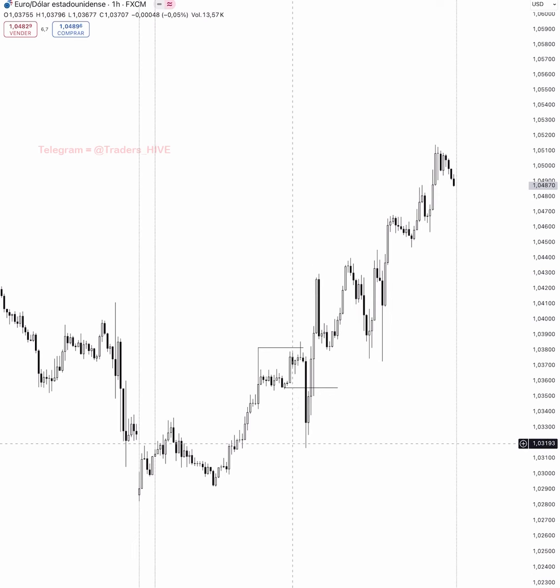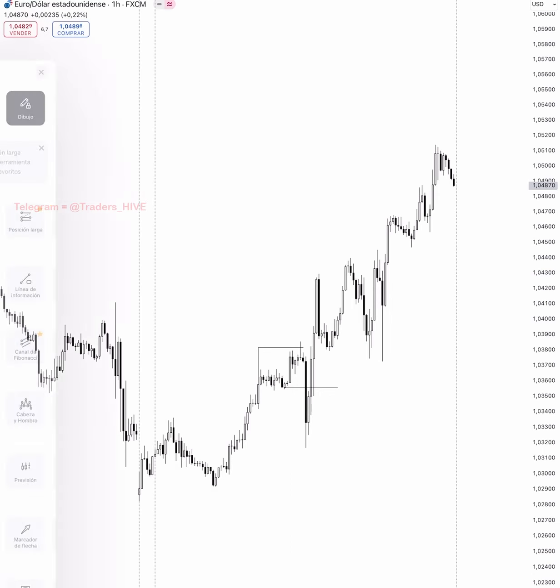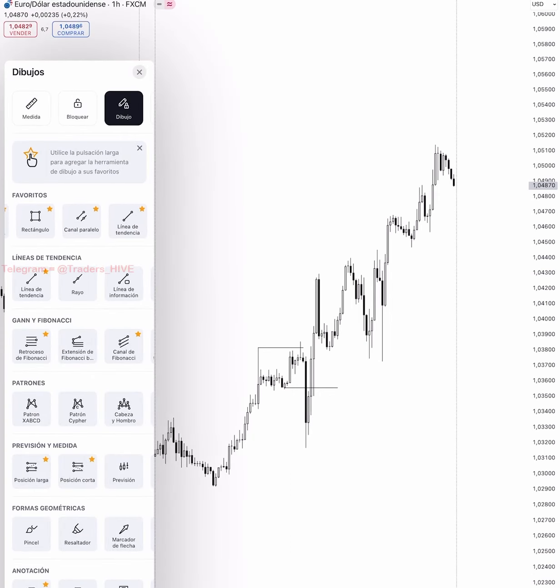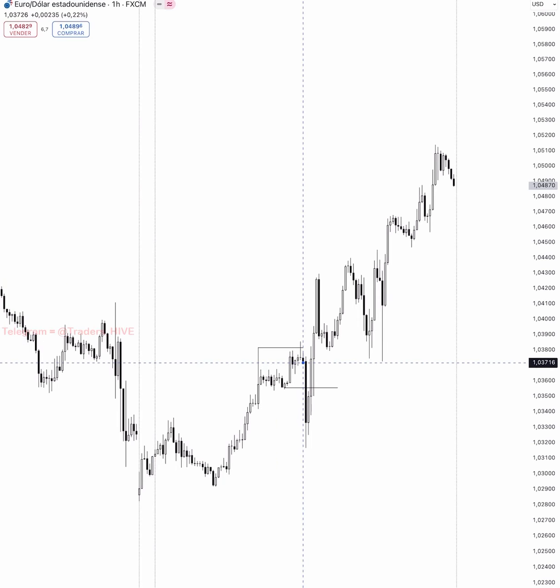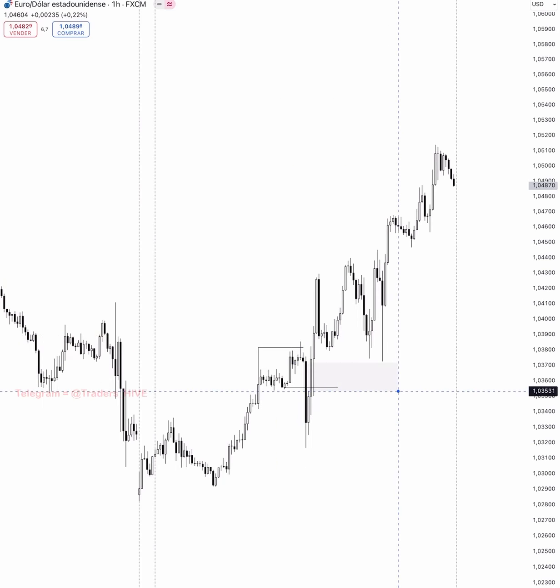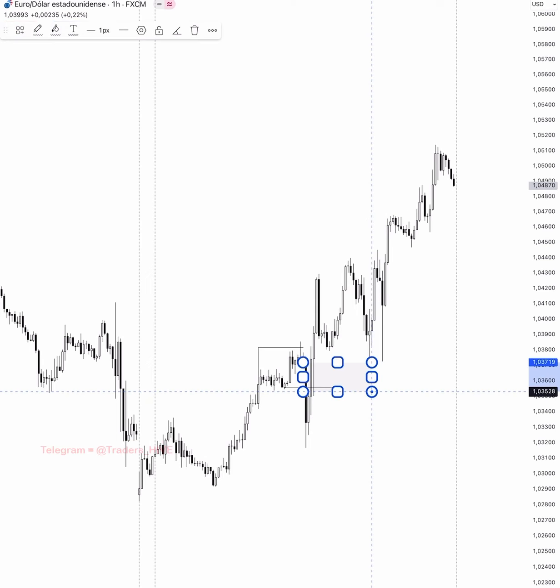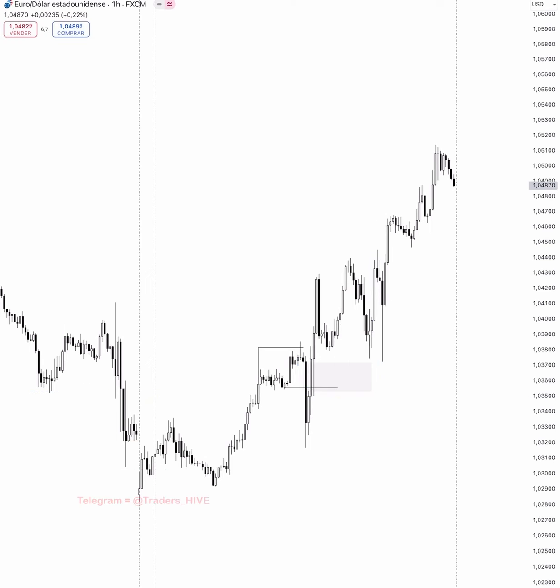And you had dumb money down here selling this bearish FVG, and of course, to no surprise, getting wrecked all the way up.